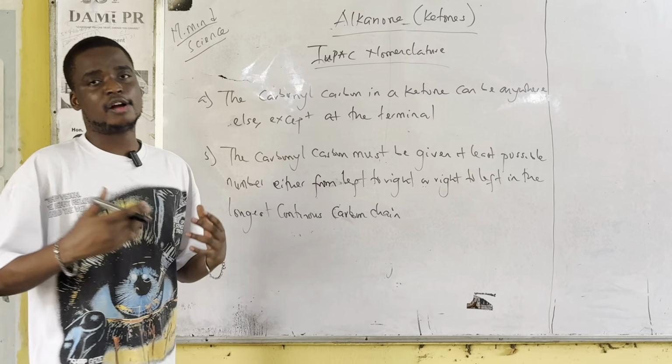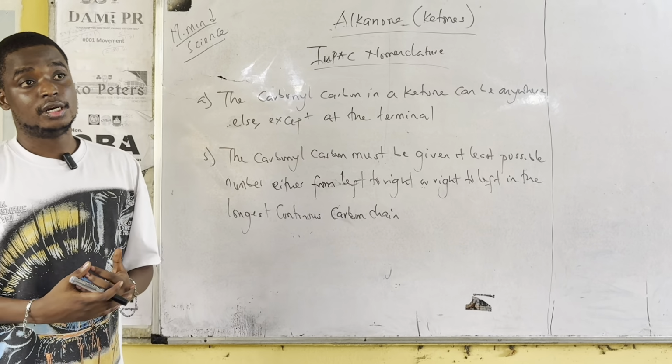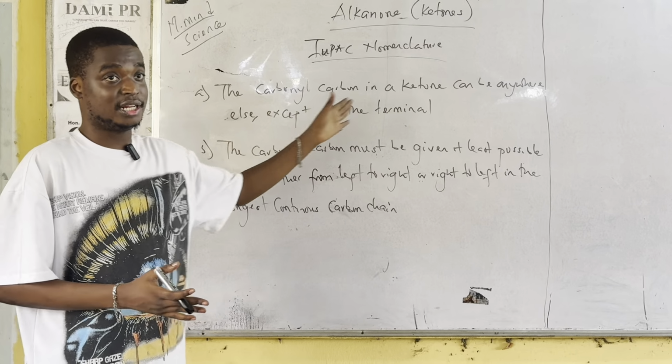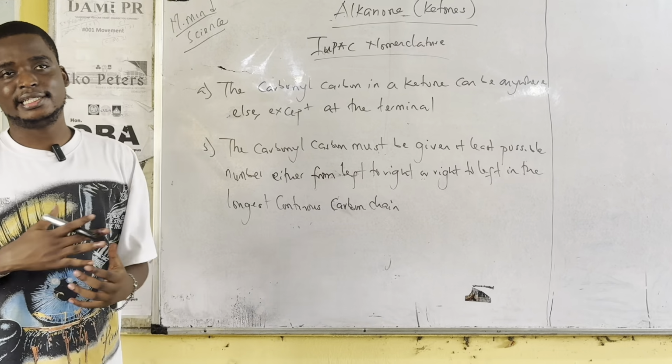The first thing is that the carbonyl carbon in an ALKANONE can be anywhere except at the terminal, that's the first carbon or the last carbon. If you have a carbonyl carbon at the ends, that's terminal, it's an aldehyde or an alkanal, not an ALKANONE. That's the first thing you need to know to identify an ALKANONE.